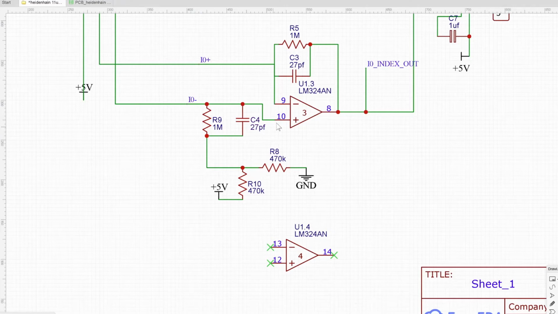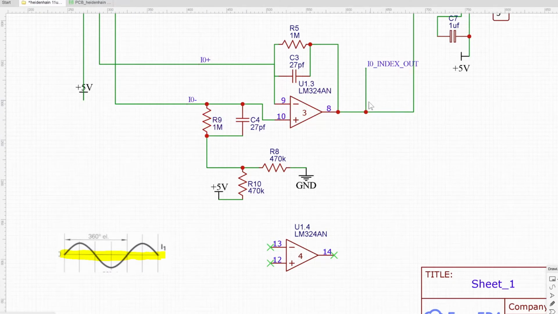So you have to tie the non-inverting side of the op amp to a virtual ground, and we're creating that virtual ground with just a simple voltage divider. So again, this is going to be 2.5 volts, and the middle of our sine wave, right in the middle of the peak and the valley, is going to be that 2.5 volts on this side.